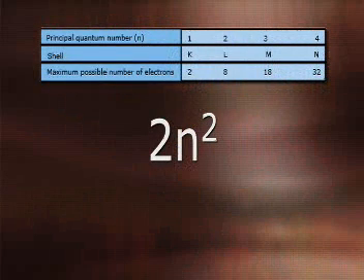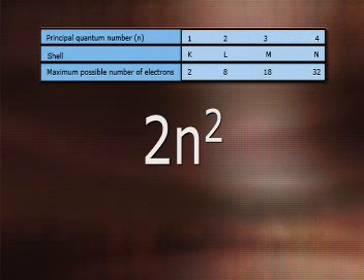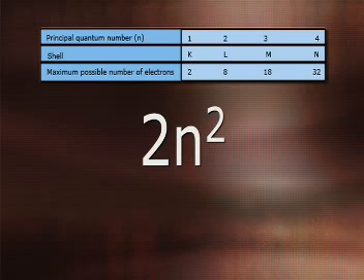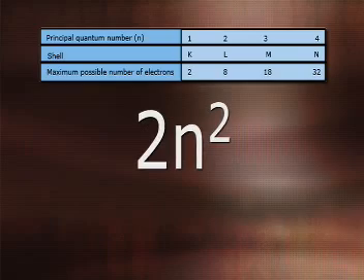The maximum number of electrons that the main energy level can accommodate is given by the formula 2n squared, where n is equal to the quantum number representing the main energy level. When n equals 1, the main shell is K shell.